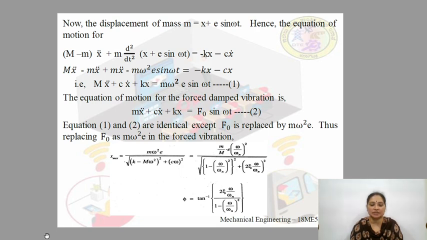In the above equation, the like terms are minus m x double dot and plus m x double dot with opposite signs.